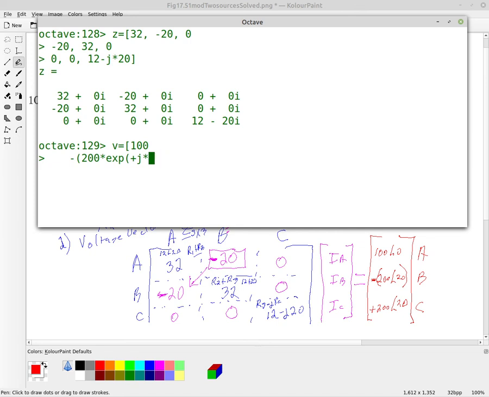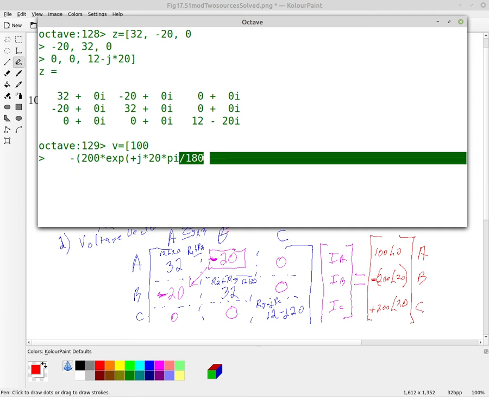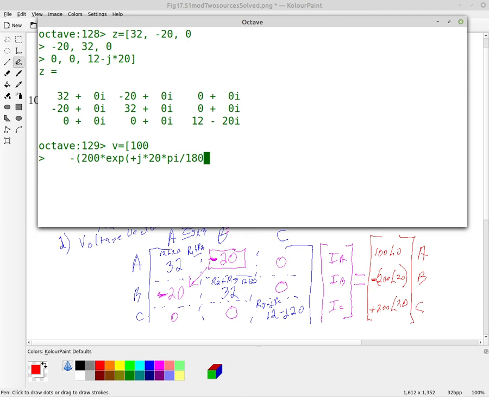So we have 20 degrees, but now we have to convert degrees into radians. So I'm going to multiply times pi radians divided by 180 degrees. So the degrees cancel, and I'm going to be left with the radians, which is what this equation needs.